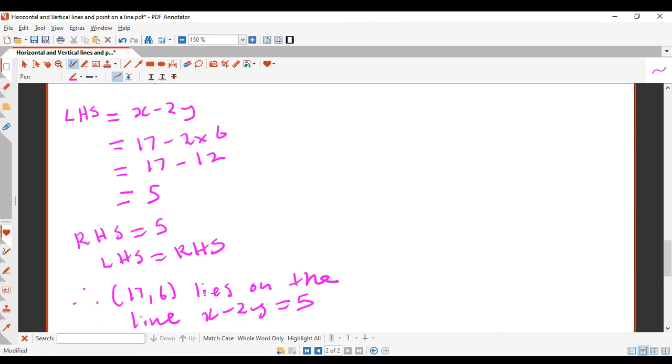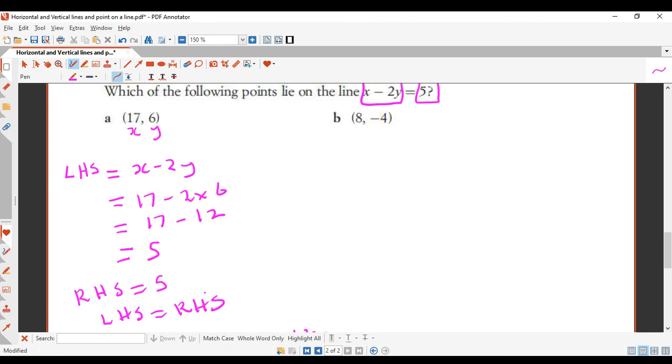Okay? Now that's the way to set it out, left-hand side and right-hand side. So let's do part B. Part B, we'll start off the same way. Left-hand side is equal to x minus 2y. Okay, and this is the x here and this is the y.